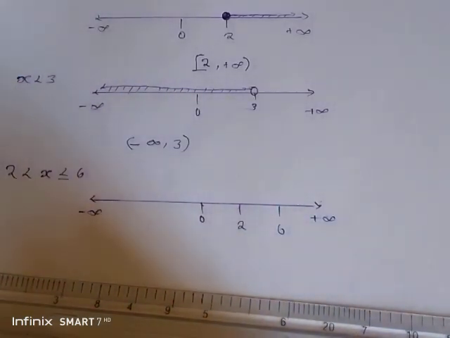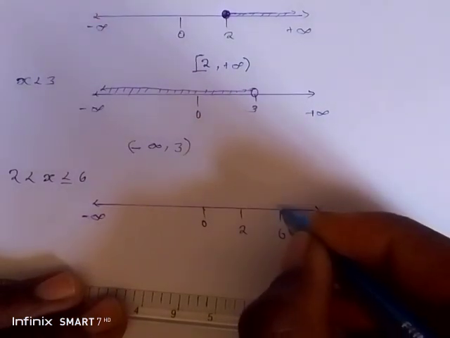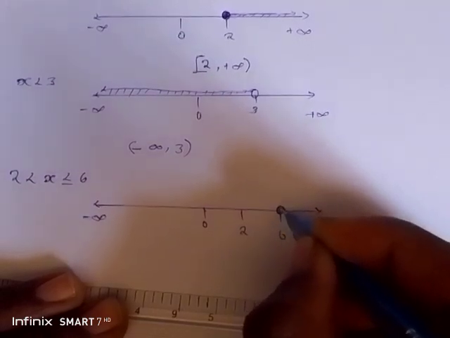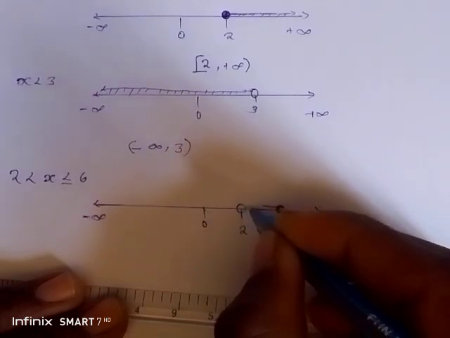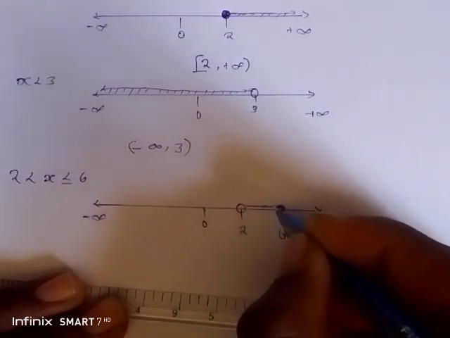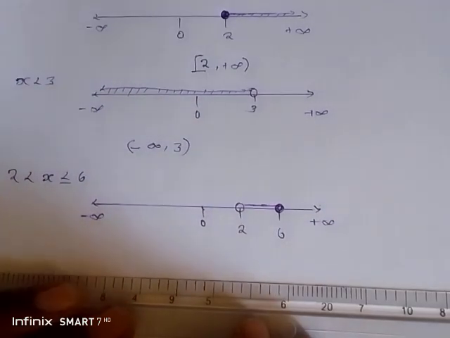So we are going to say from 6, since this is less than or equal to, we are going to have a closed circle coming this side and an open circle going this side. So this means only the numbers that are here are the numbers to be considered.